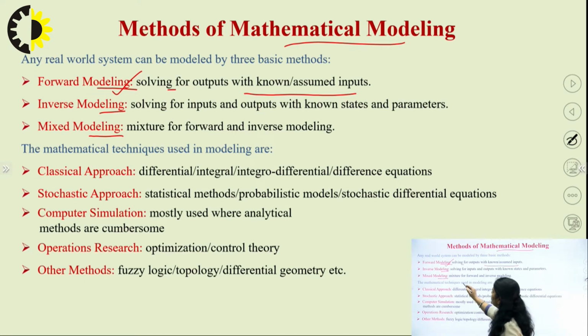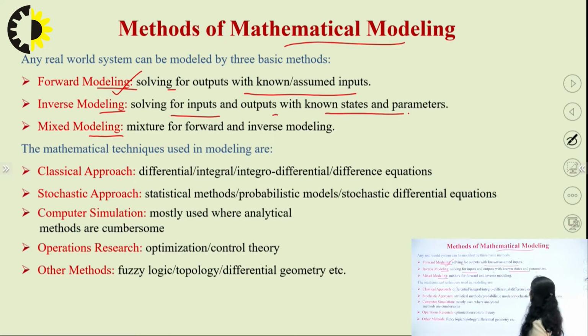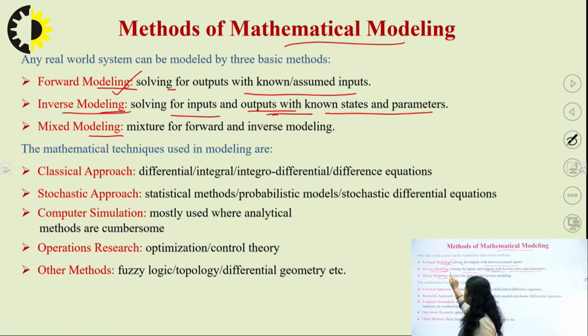Inverse modeling means we solve for the input and/or outputs with known states and parameters. Here we know the output, but we want to calculate the input, so it is inverse modeling.